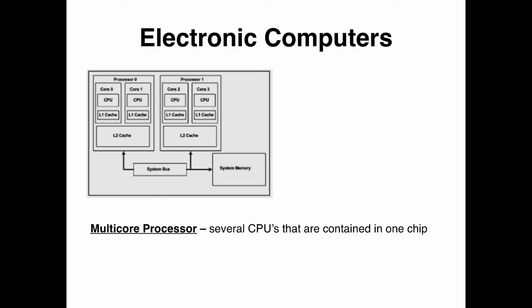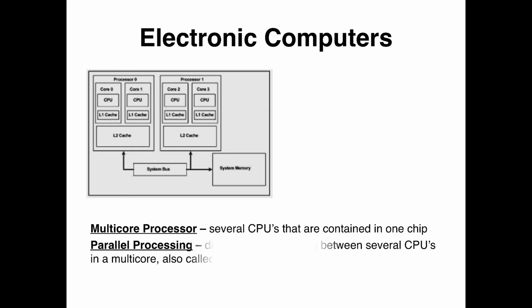And so in this situation, you have 2 processors that are built together and attached together in a single chip. Parallel is dividing the processing between multiple CPUs in a multi-core or a multi-processing situation. So you can divide the processing power between CPUs.